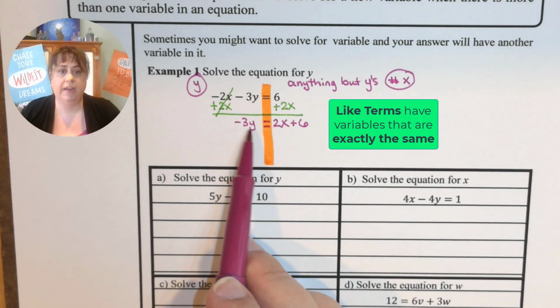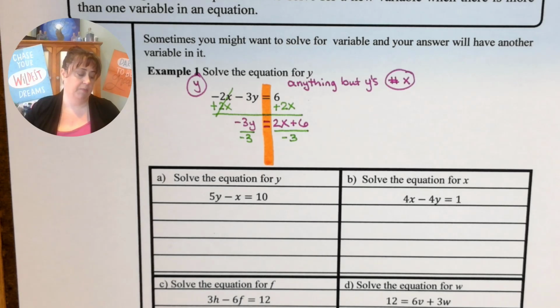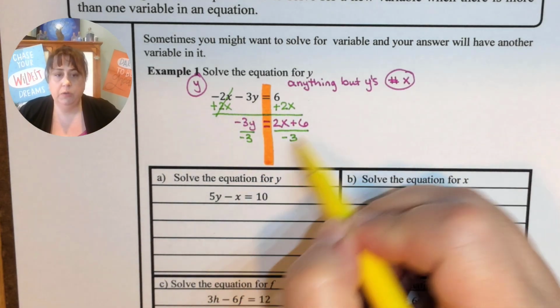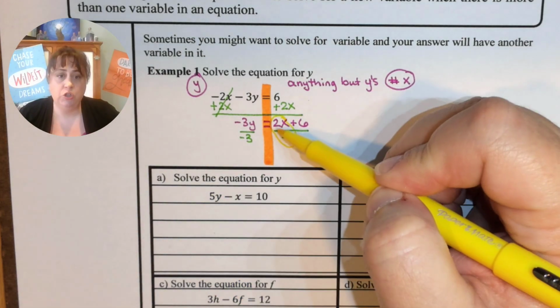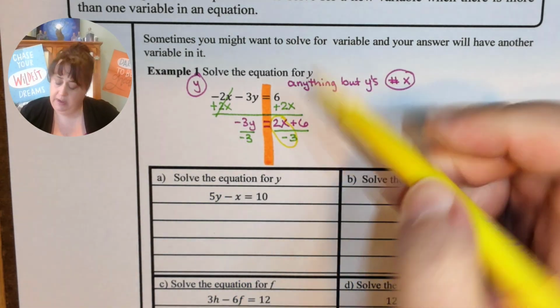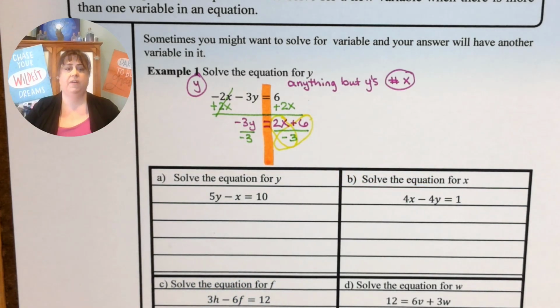So we have negative 3 times y, so we need to divide by negative 3. And this is typically where we start to lose people. This is two different division problems. We have a 2 divided by negative 3, and we have a 6 divided by negative 3. There's two different problems there.